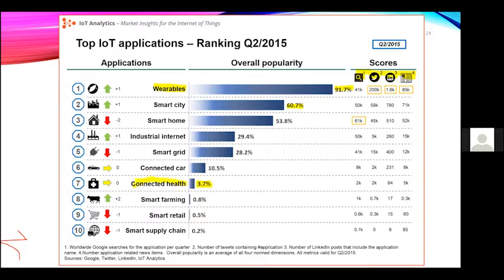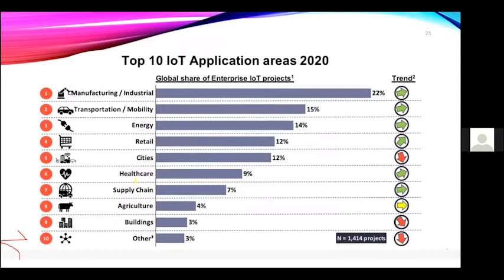If we move further to 2020, we can see that healthcare has increased to 9% overall, and the highest one is 22% for manufacturing and industrial applications. It is project wise.